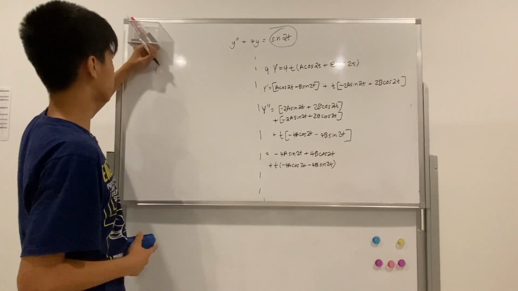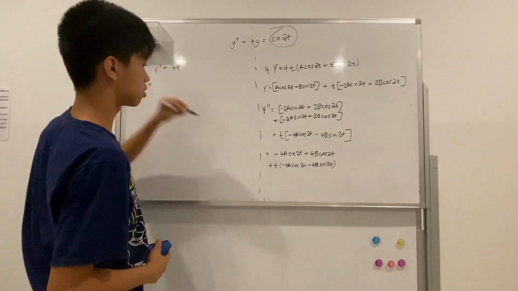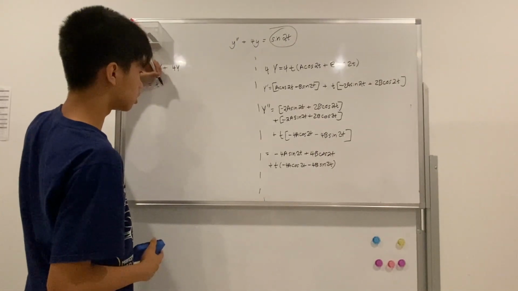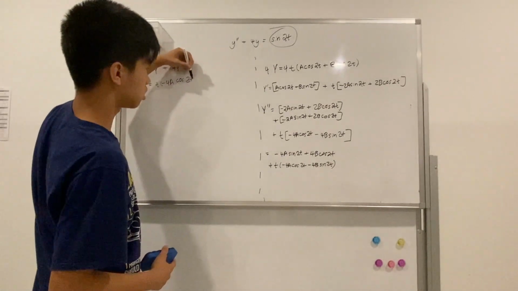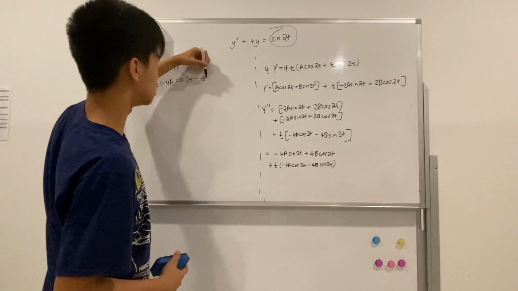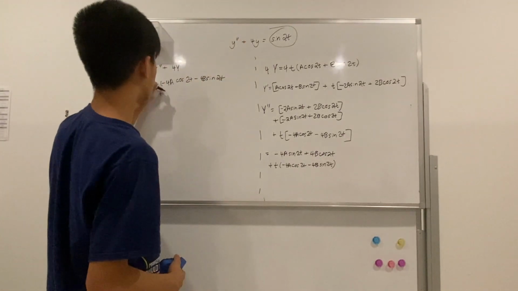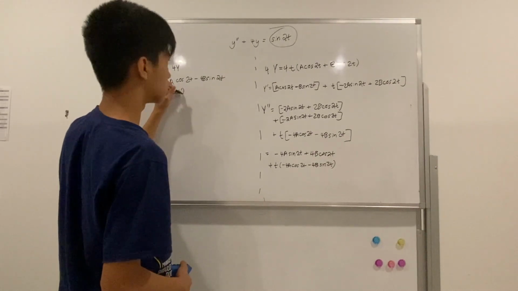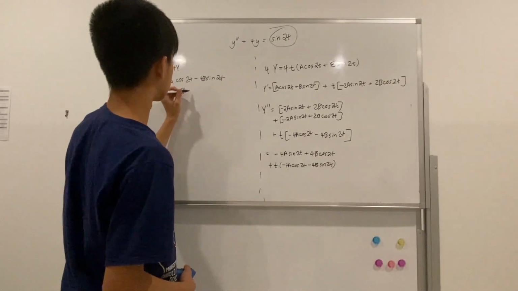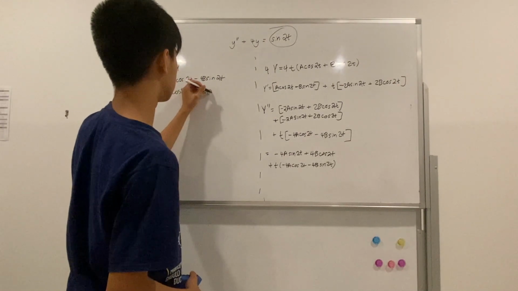So y double prime plus 4y: t times negative 4a cosine 2t minus 4b sine 2t plus 4a cosine of 2t plus 4b sine 2t.